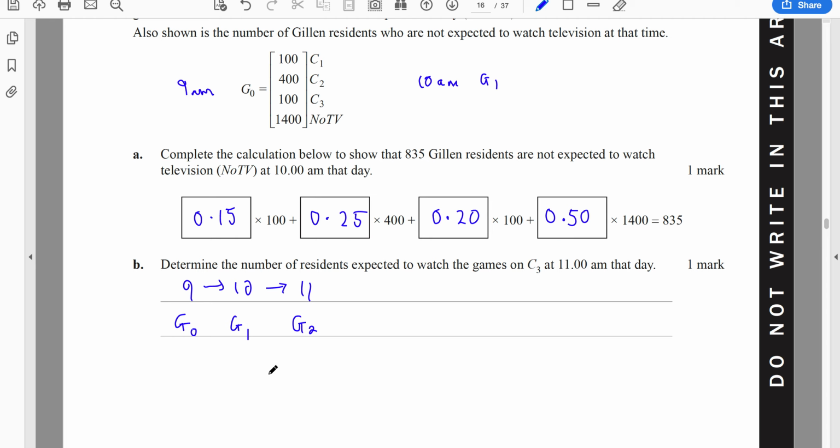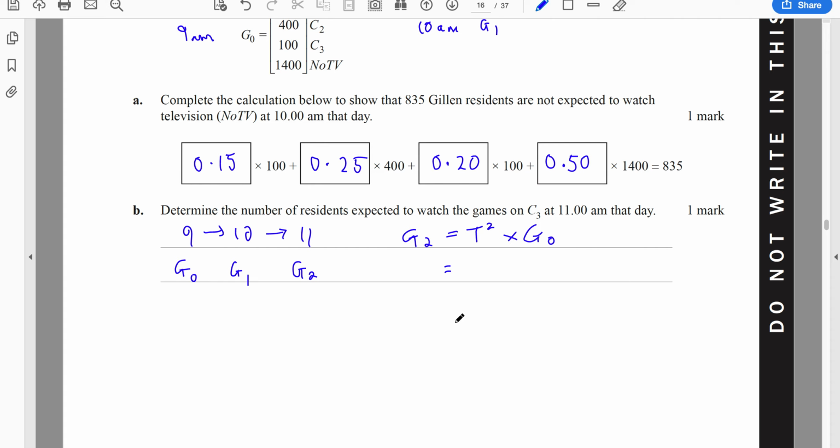So it's the third one across, which relates to G2. So I'm finding G2, I need to do T squared, or T to the power of 2, multiplied by G0. And so that's what I'll do in my calculator now. And then I need to just make sure I state just the element on C3.